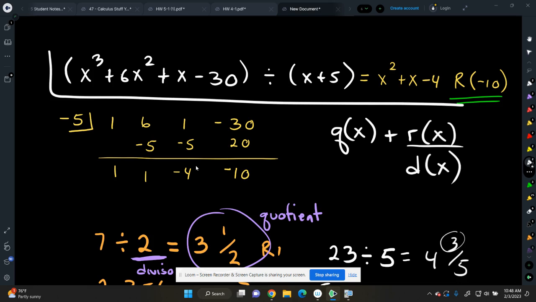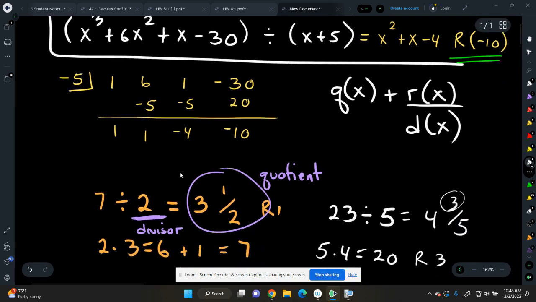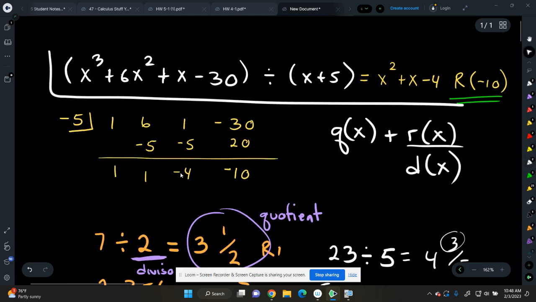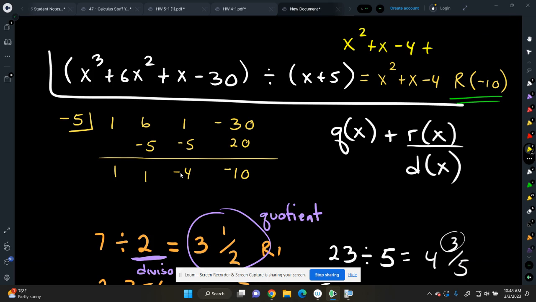So if I use that same pattern, let me go back and leave that up there so you can see it. Let's rewrite my answer. So I've got x squared plus x minus 4 plus, now what's my remainder? Everybody look up here. Negative 10 is right there, guys. It's negative 10.